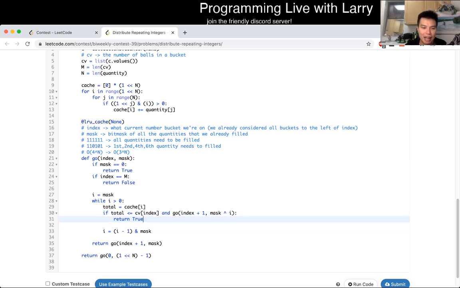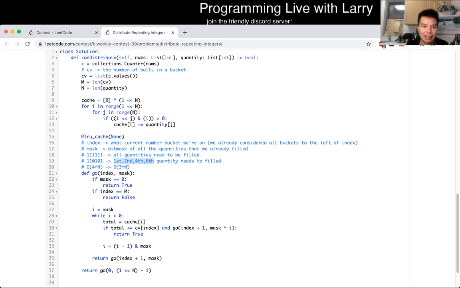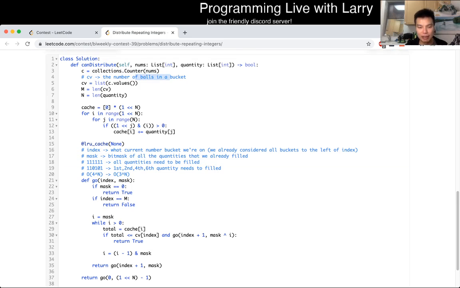Anyway, yeah. And then the recurrence is, okay, given that we want to fill the first, second, fourth, and the sixth, right? Well, what are the criteria to fill this? The criteria is that if the sum of the quantities of these 4 buckets is less than the number of balls in the bucket, then we can mark them as being off, right?